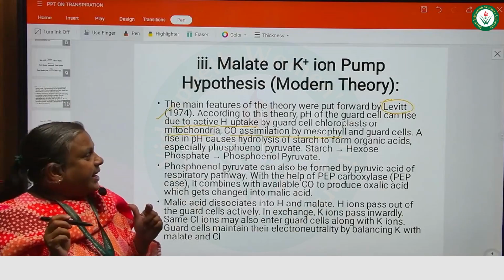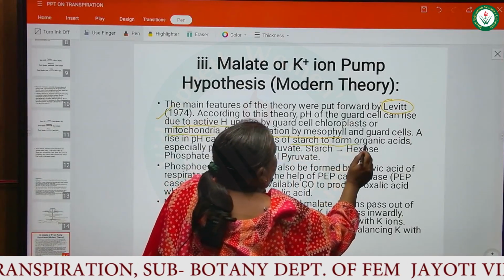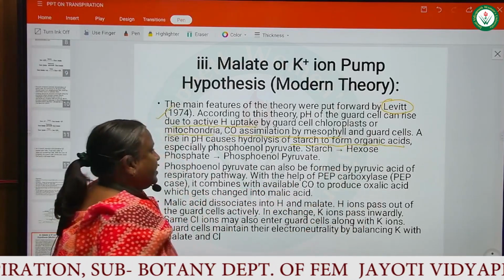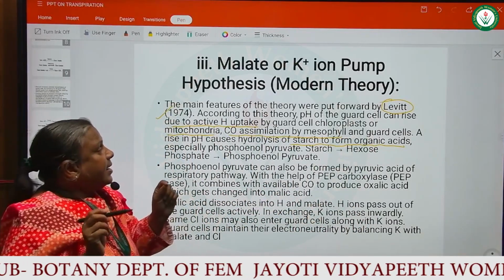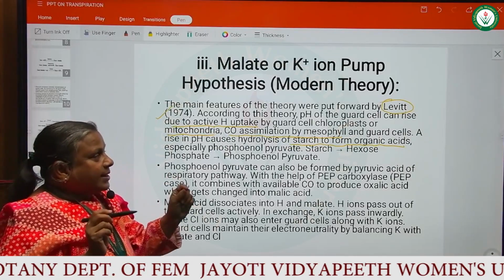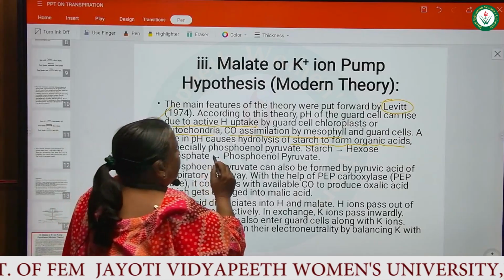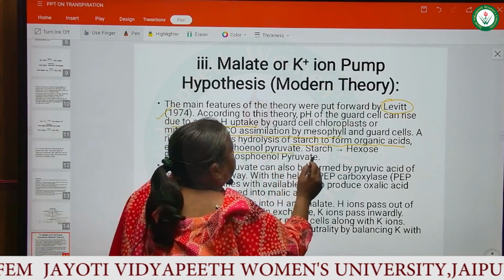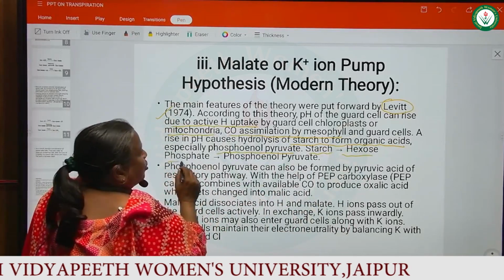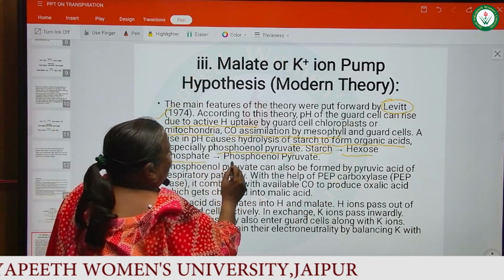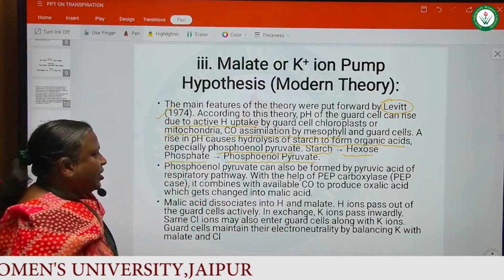A rise in pH causes hydrolysis of starch to form organic acids. This means when the pH of the guard cells rises, there is hydrolysis of the starch into organic acid, especially phosphoenol pyruvate. Starch is converted into hexose and hexose phosphate, and hexose phosphate is again converted into phosphoenol pyruvate.